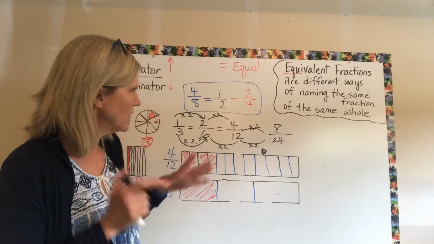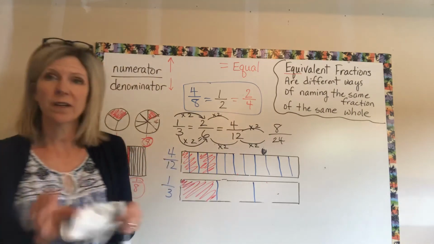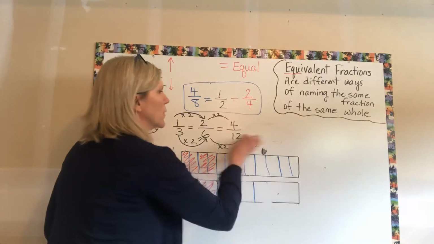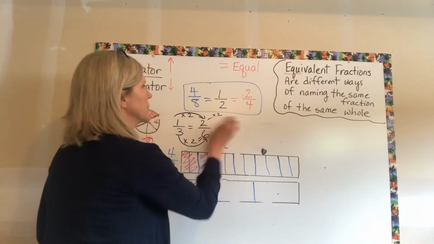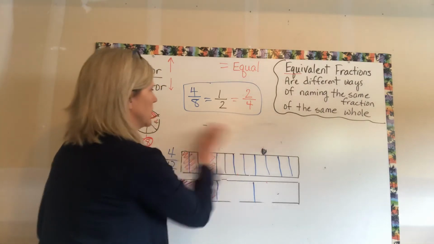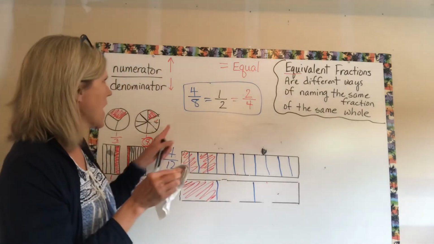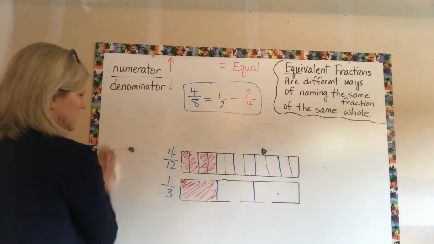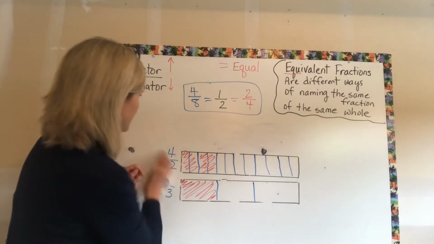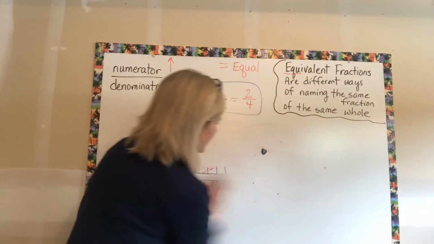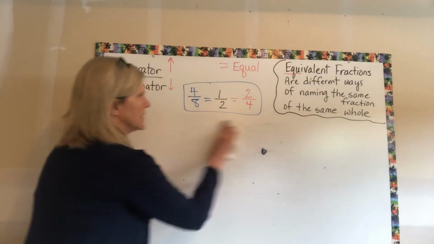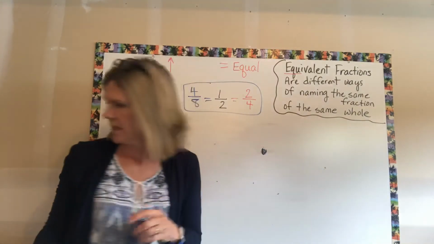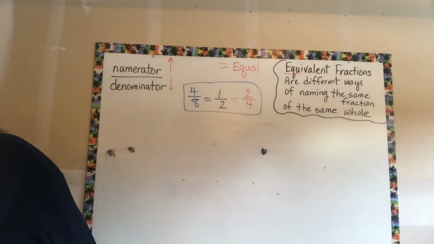Okay, now let's keep working on this formula and let's see if it works with different numbers. Let's try this formula with different numbers. Oh, you know what? I'm going to erase this because we're not doing this right now. We are doing equivalence. Let me think here. Let me look at our book.